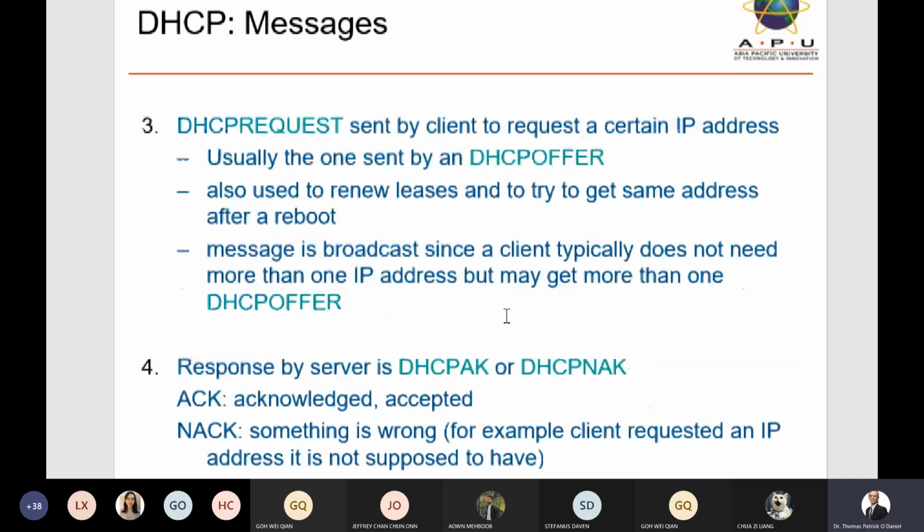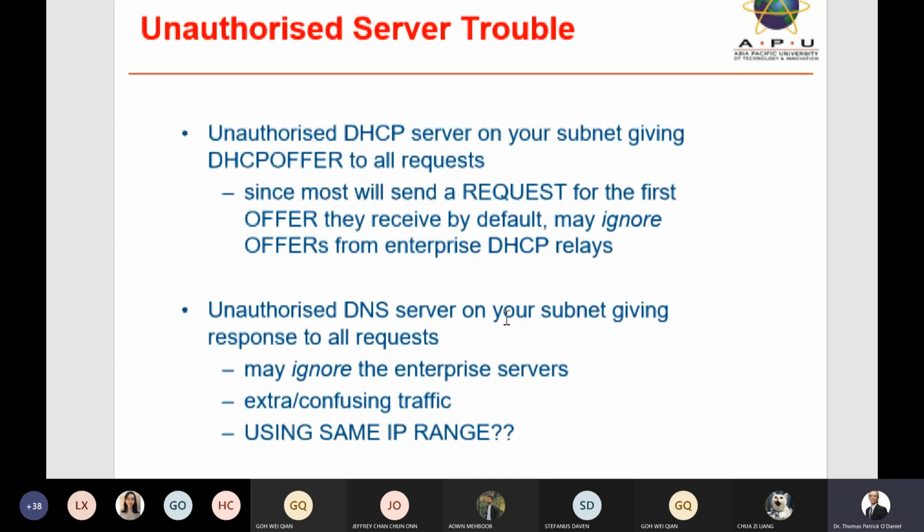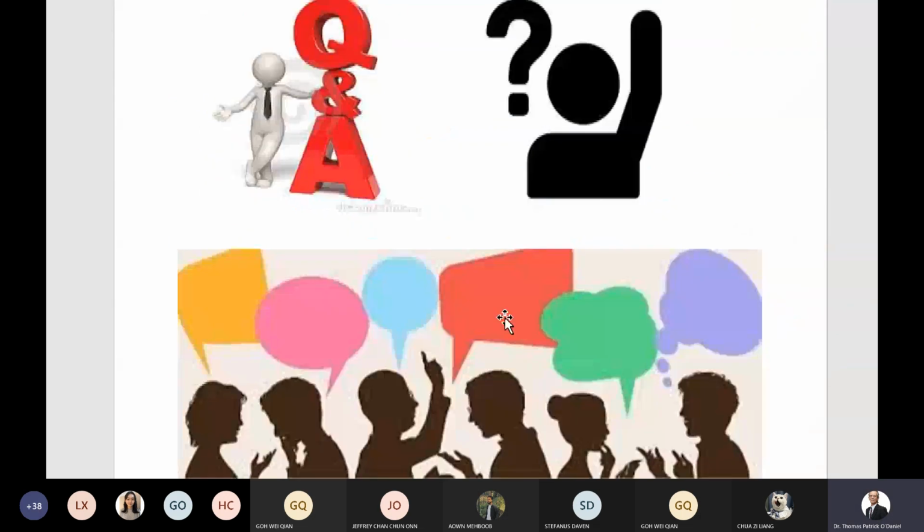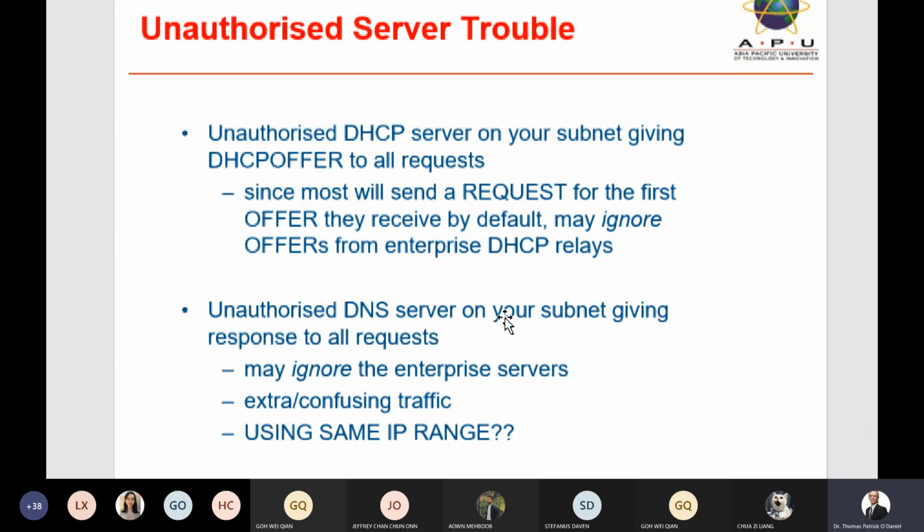And the simplest way for that to happen is that it takes the one that came in first because it assumes that one is the faster one. All right. But this can cause problems for us as administrators because if somehow somebody gets in with what we would call a rogue or unauthorized DHCP server sending out those offers, and our clients start accepting those offers rather than the ones that they should, it messes up our network architecture.